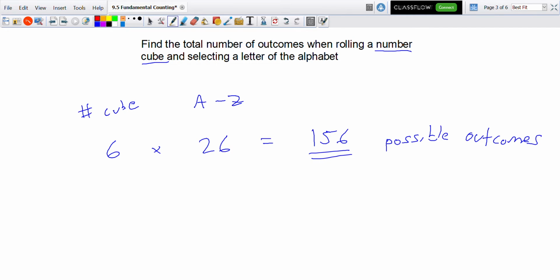I'm not going to say, okay, 1A, 1B, 1C, and go through the entire alphabet for all the 1s, and then all the 2s, and then all the 3s, and so on and so forth. That's way too many to list. But I can find that number just by multiplying 6 times 26.